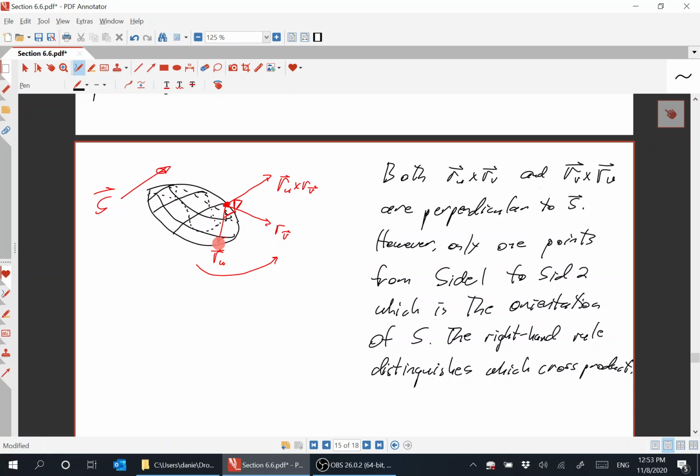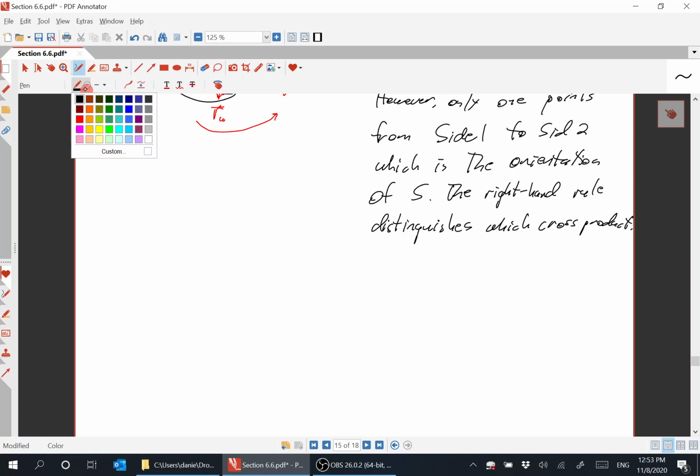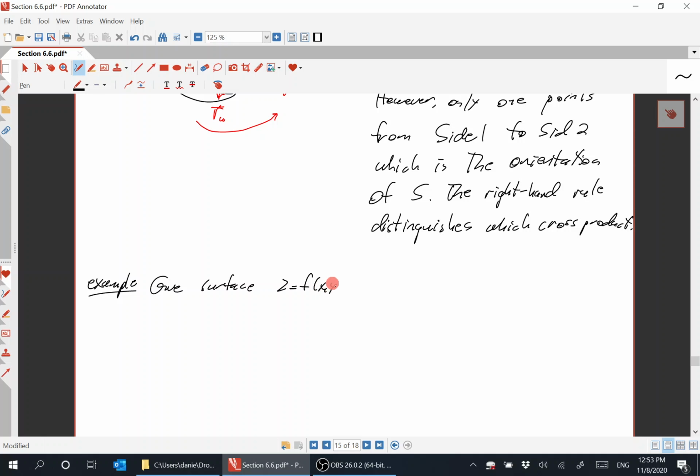So in this picture over here, it's RU cross RV, right? Let me do another example in a moment. So this is a basic example. So given surface z equal to f of x, y parameterized as r of x, y equal to x is x, y is y, and z is f of x, y, like that.